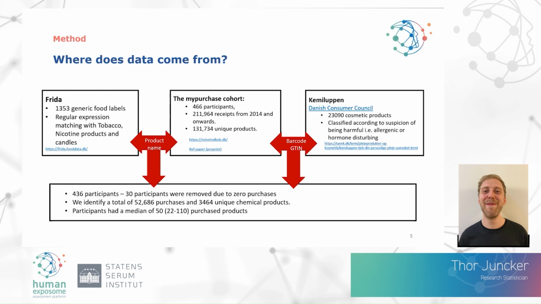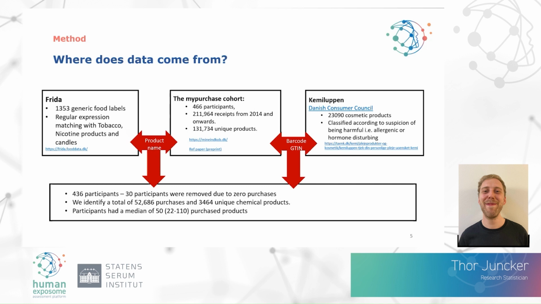We have Frida, and our version of Frida, which has 1,353 generic food labels and non-food labels, and we use regular expressions like fragrance to identify tobacco and nicotine products and candles in this cohort. Then we have Kemiluppen, which I'll talk about later, but it has 23,000 cosmetic products, and those products are classified based on a suspicion of harmfulness.